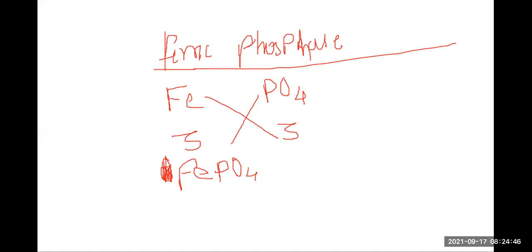Yes, sir. Now the next one is calcium oxide. So for calcium oxide, you have to write all your things stepwise. Write calcium oxide first. Then the first step is to write the symbols. For calcium, I know the symbol is Ca.